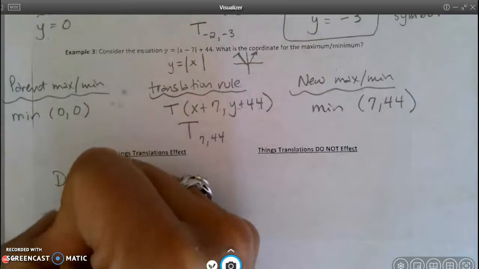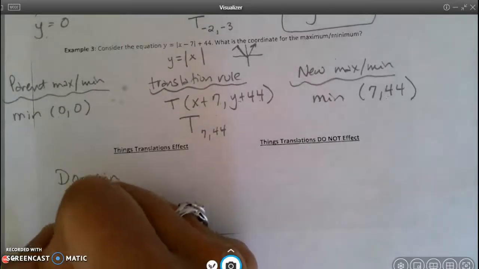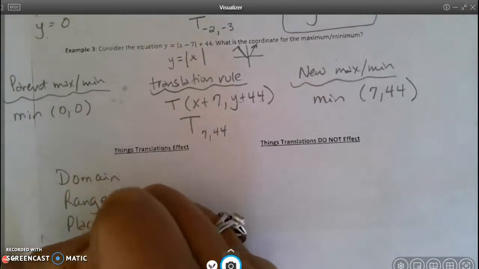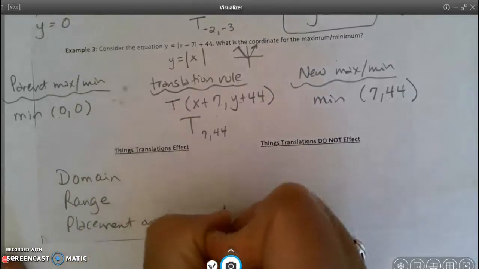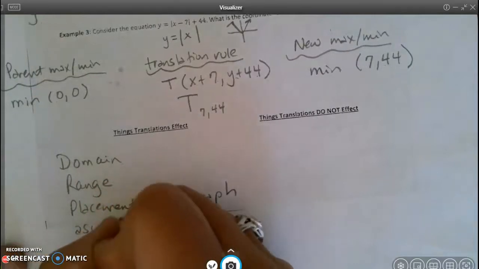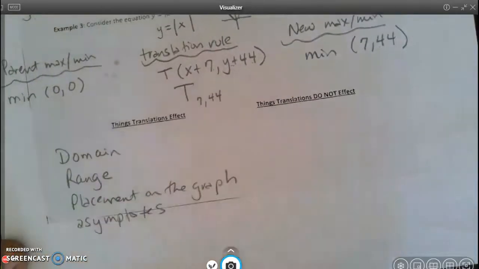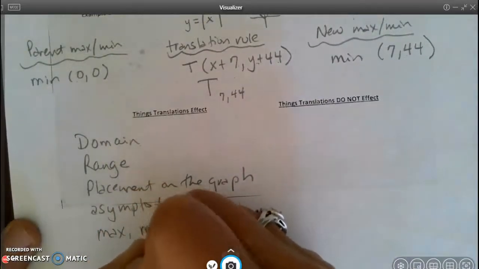Same thing with range. It can change its placement on the graph. It can affect the asymptotes. It can affect the max or min.